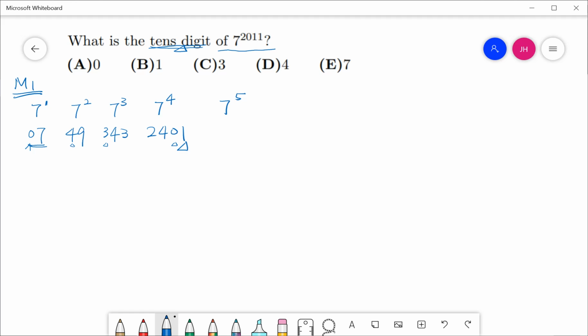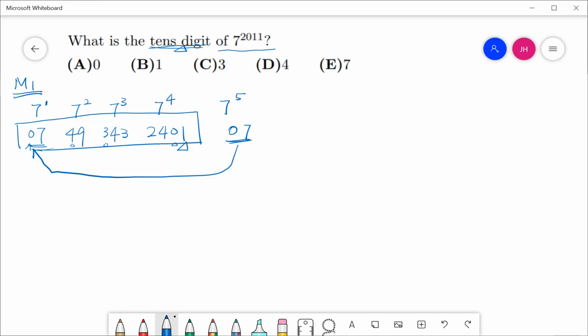It equals 2401 times 7, so the last two digits have got to be 7 and 0. So see the cycle? All right, so the period of this is certainly 4. Beautiful. Since the cycle is 4, the 10th digit repeats itself every 4th power.